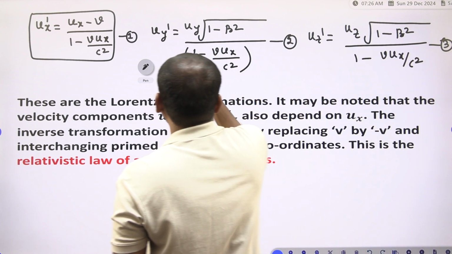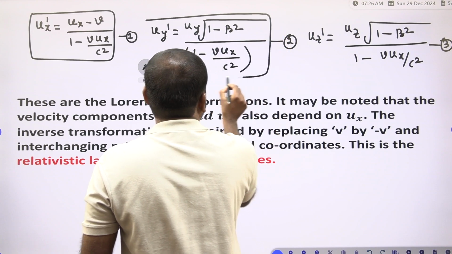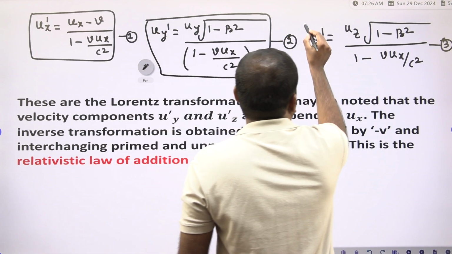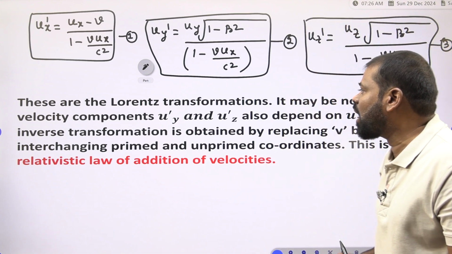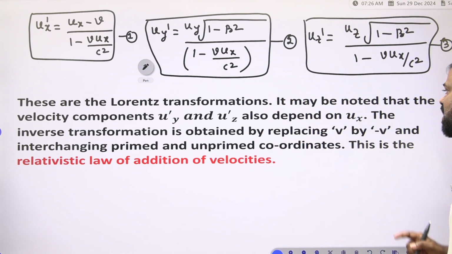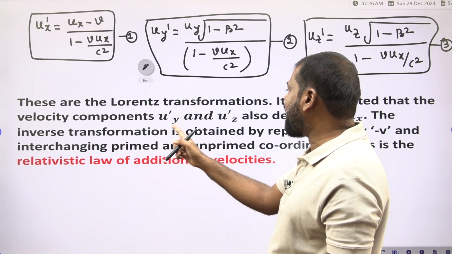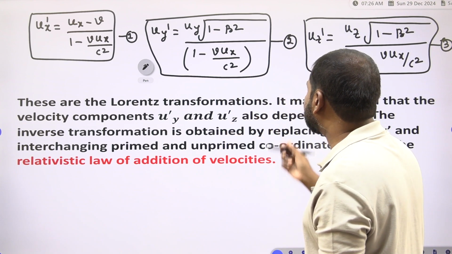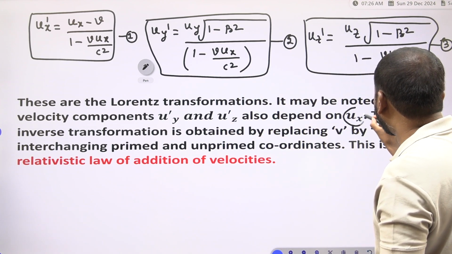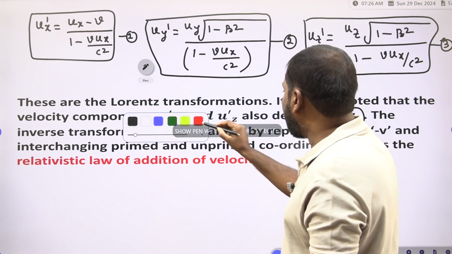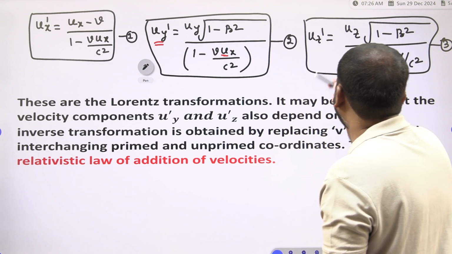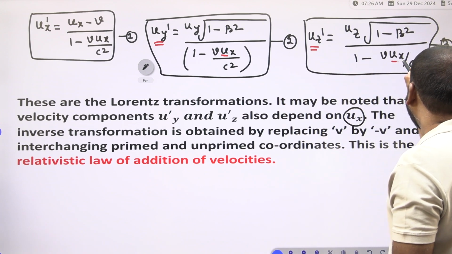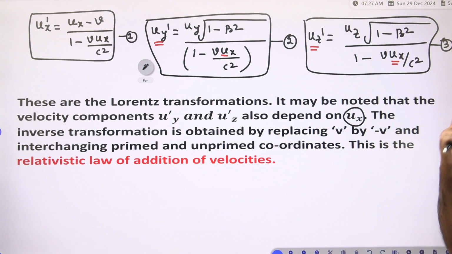Now you are able to see these three equations; we call them the addition of velocity equations. These are the Lorentz transformations. It may be noted that the velocity components uy dash and uz dash also depend on ux. In uy dash there is the velocity component ux, and in uz dash also the component ux is there.